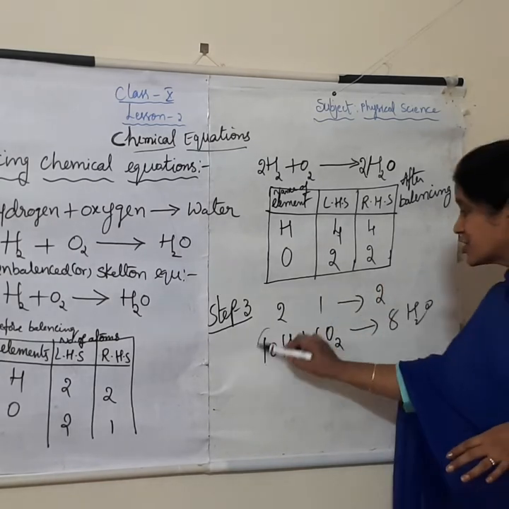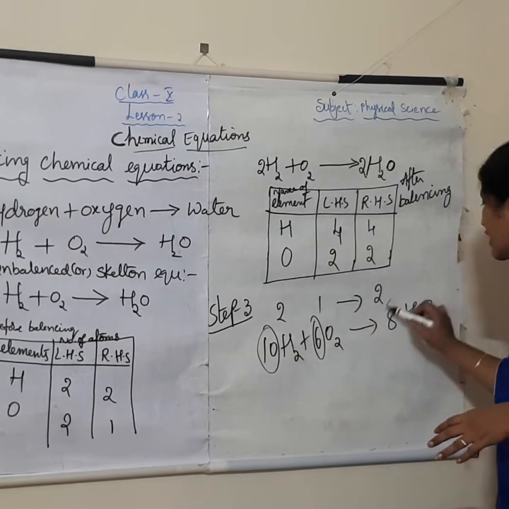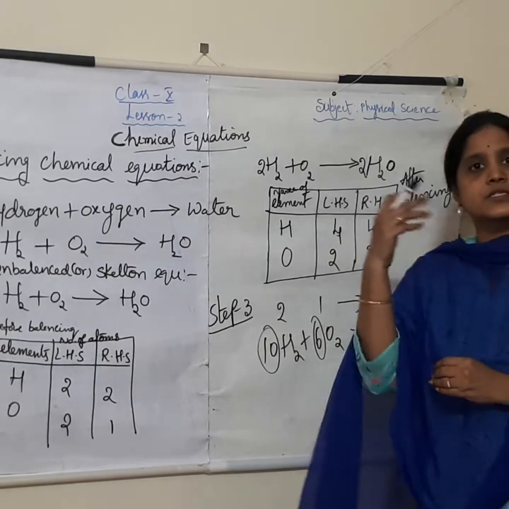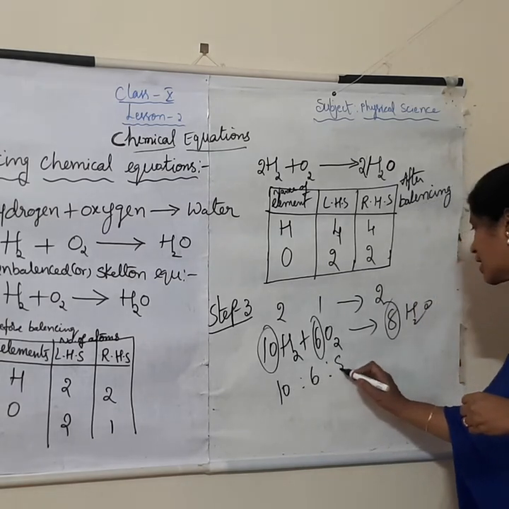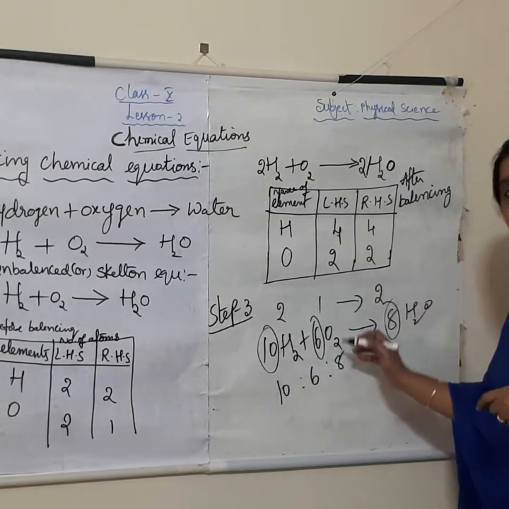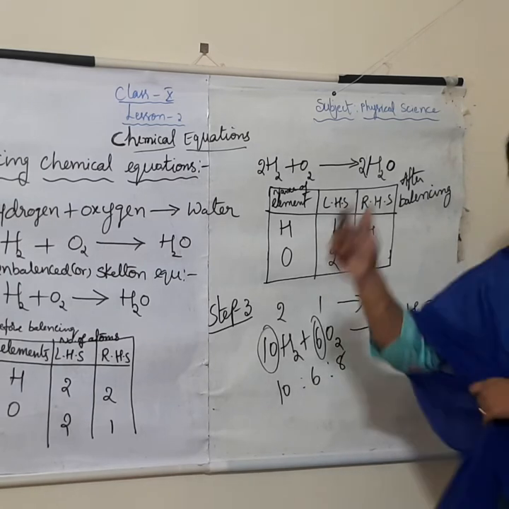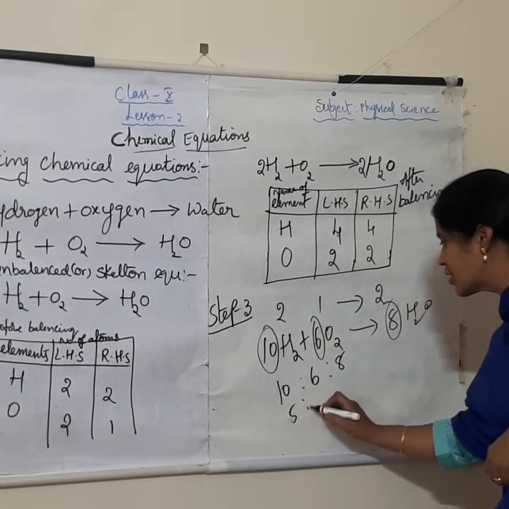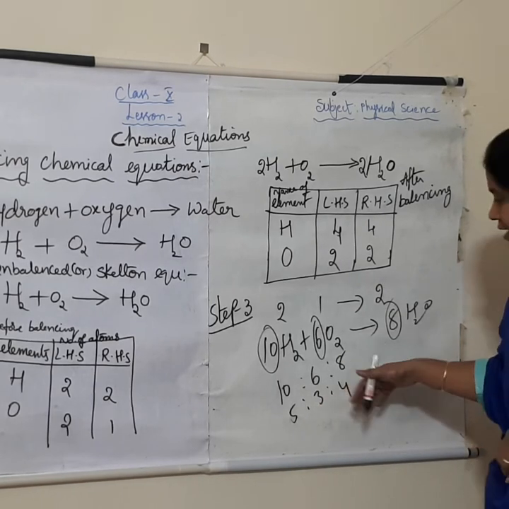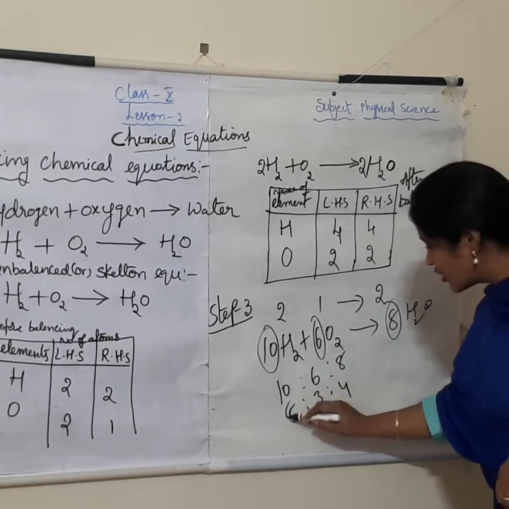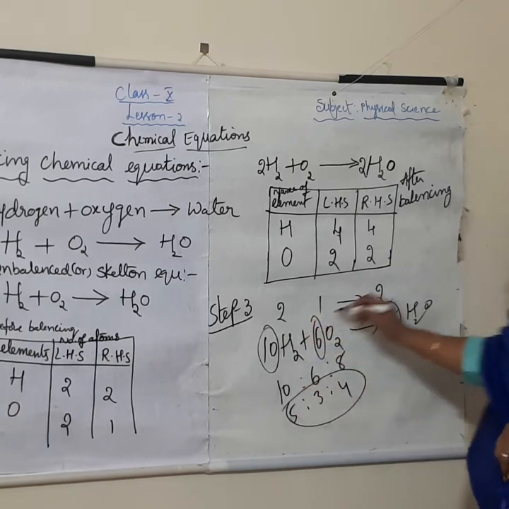So in this condition, you take the coefficients and make them into the shortest form. This 10 is to 6 is to 8, you take it. Is 2 going into all of them? 2 goes 5 times, 3 times and 4 times. Then in 5, 3 and 4, is any number going? No. So this is the shortest form of the coefficients.